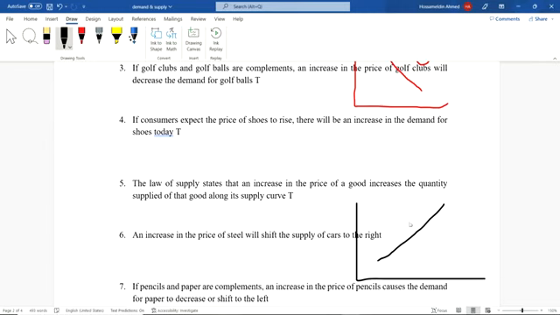Whenever supply decreases, it moves upward to the left. Whenever it increases, it moves downward to the right.